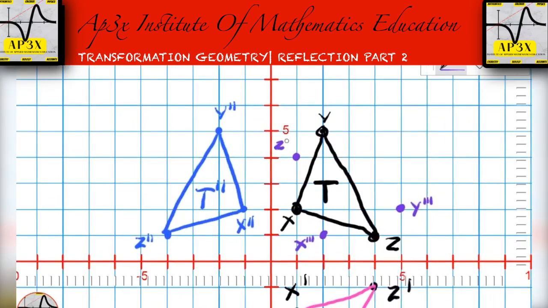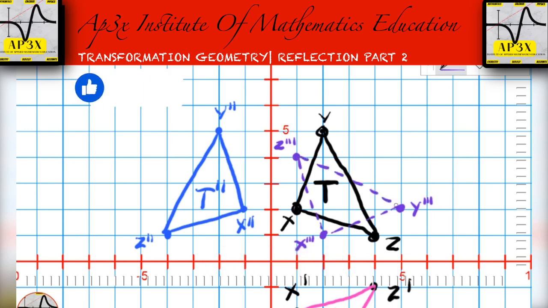All right, now I'm going to be using broken lines because I'm having an overlap. So here, I'm just going to connect this to this, then connect this to this, and then of course connect this to this.